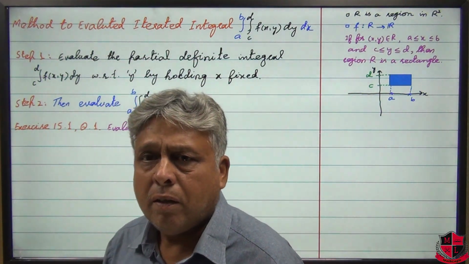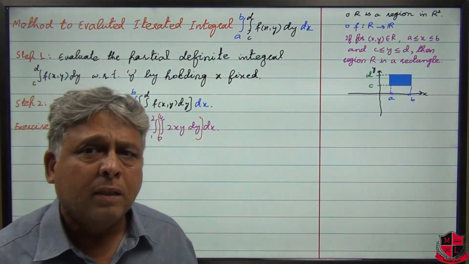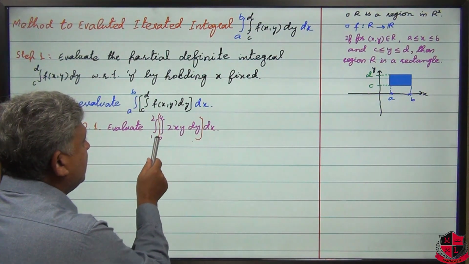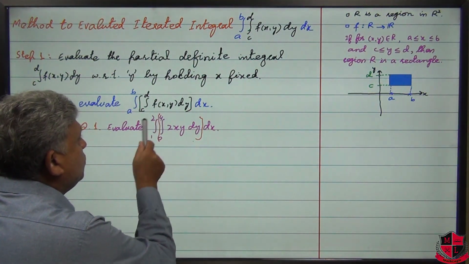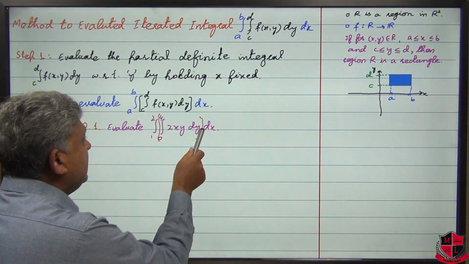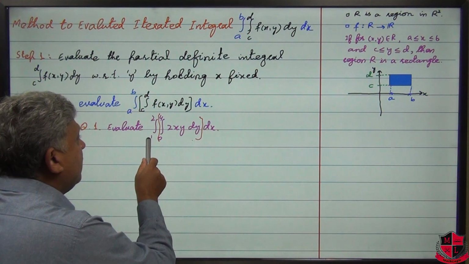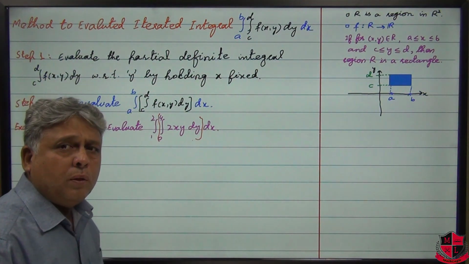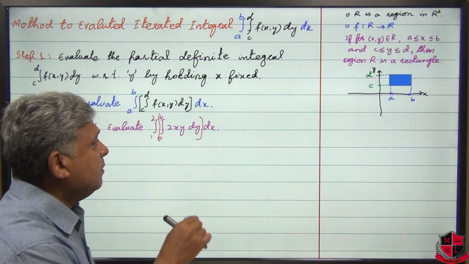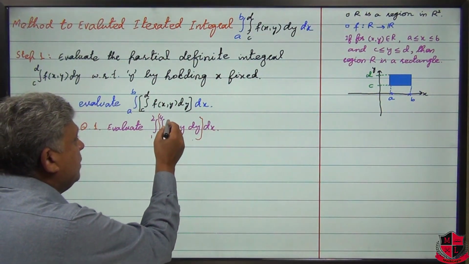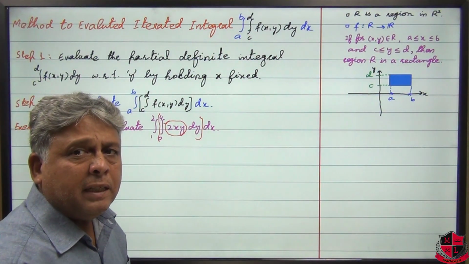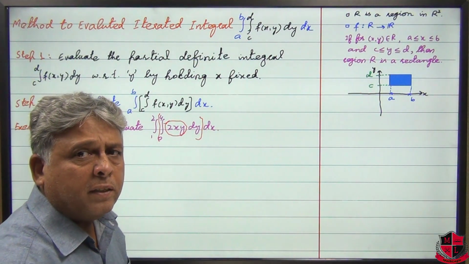First of all, I am going to sketch the region of integration. The limits of integration with respect to y are from 0 to 4, and the limits of integration when we integrate with respect to x are from 1 to 2. As the limits of integration are constant numbers, the domain of the function of xy, which we are going to integrate, is a rectangular region.